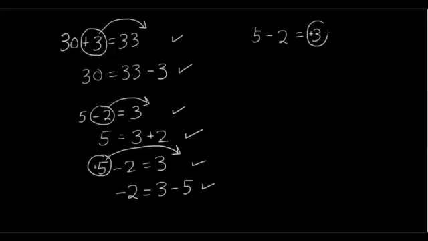If we move the 3 to the left hand side, then it becomes 5 minus 2 minus 3 equals, and because we have nothing left on the right hand side, 0. Okay, so again, both of these are valid equations. So this is just showing you that you're allowed to move things around in algebra.